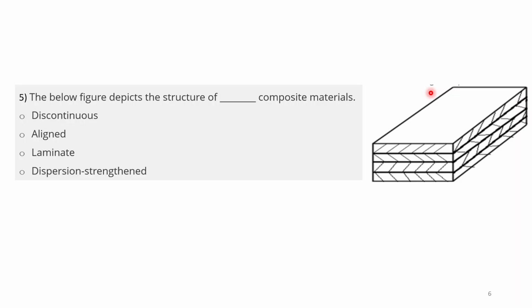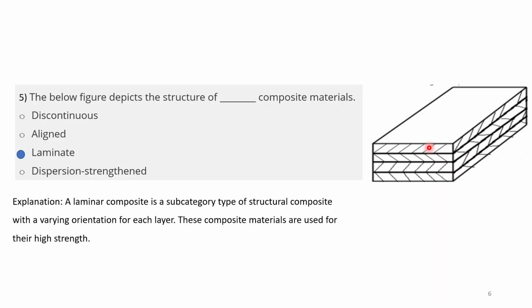Next question is, the below figure depicts the structure of blank composite materials. Your options are continuous, aligned, laminate, or dispersion strengthened. In this case, this is an example of a laminate structure. A laminar composite is a subcategory of structural composite with a varying orientation for each layer.